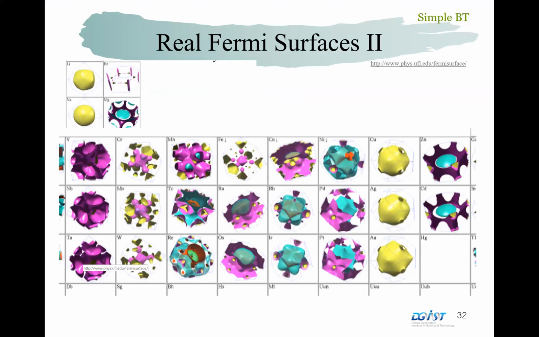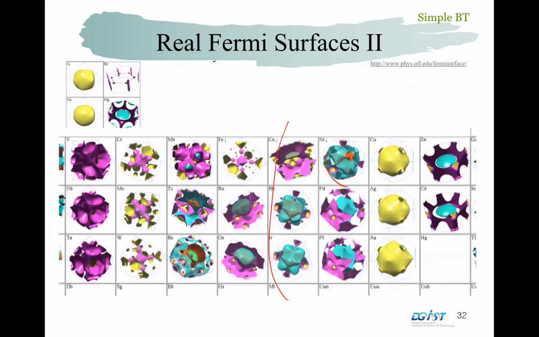Also, the Fermi surface of this one is very similar because it belongs to the same column, and every column has very similar properties. If you look at this one, these two look similar, but these look quite different.